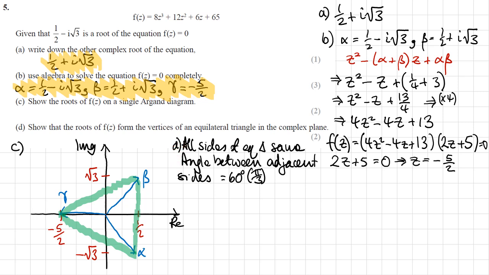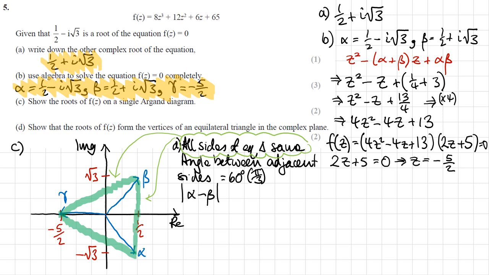So let's start with the sides and showing that the sides, those things that I've highlighted in green here, are all the same length. So let's start by looking at the length of the side between the root alpha and beta. That's going to be easy enough, because from beta to here is just root 3, and then from here to alpha is going to be root 3.